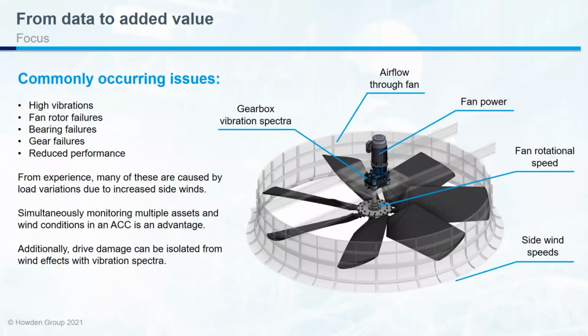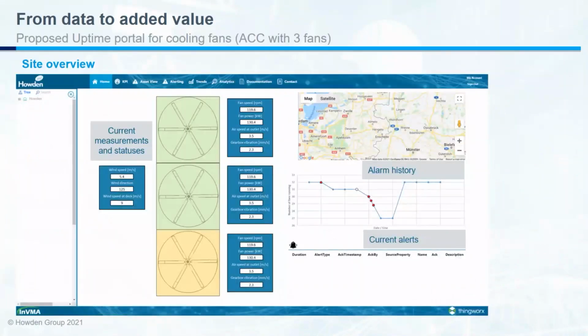So this is basically the setup that we are aiming for cooling fans in relation with ACCs. From the sensors, as said, we will send all the information via an edge device directly into the uptime portal.